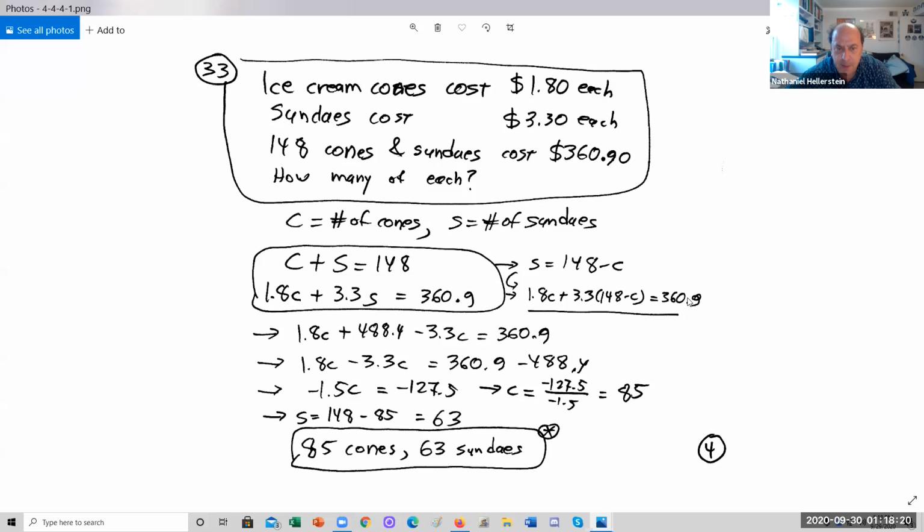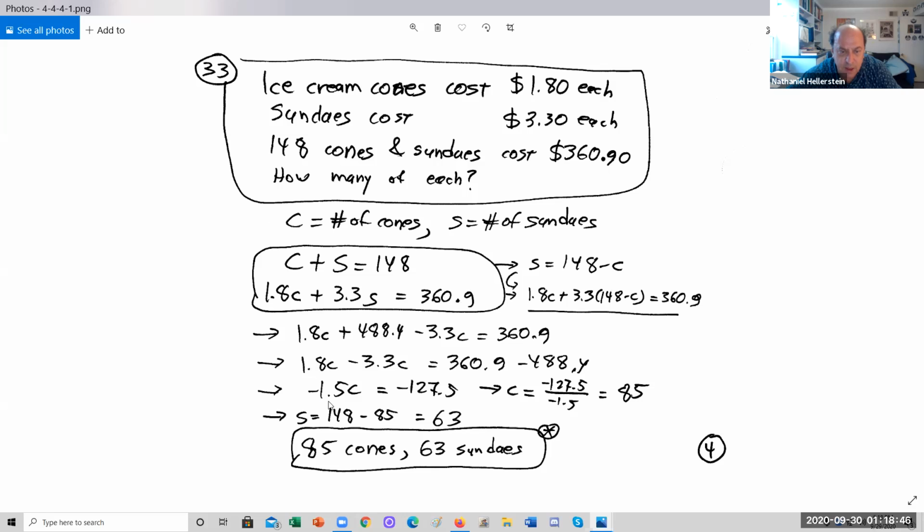Now we distribute the 3.3 and get 1.8 C plus 488.4 minus 3.3 C equals 360.9. Next step is to transpose the 488.4 over to the other side. So you get 1.8 C minus 3.3 C equals 360.9 minus 488.4.